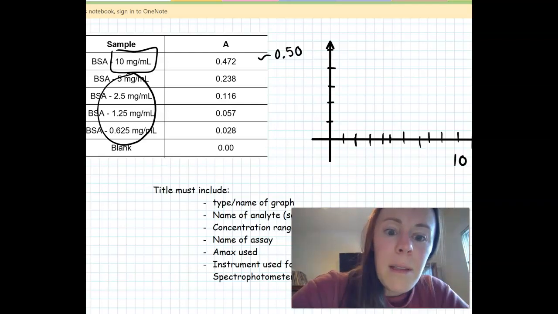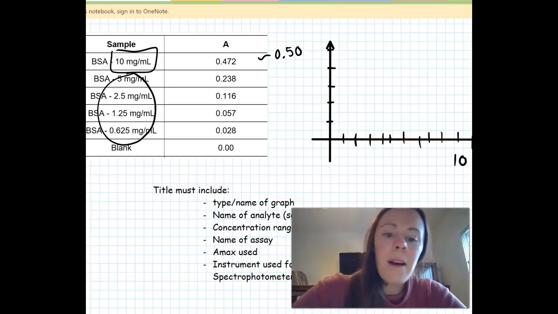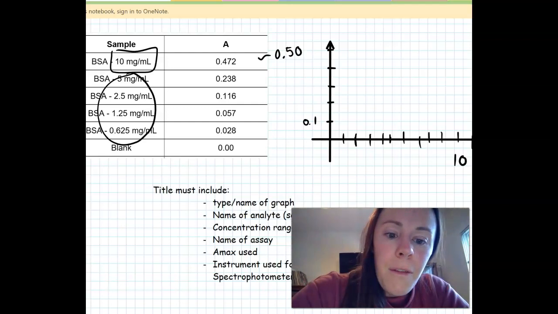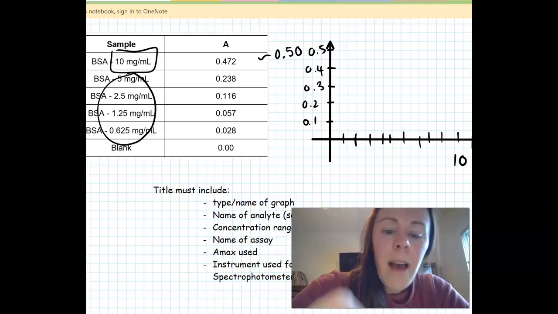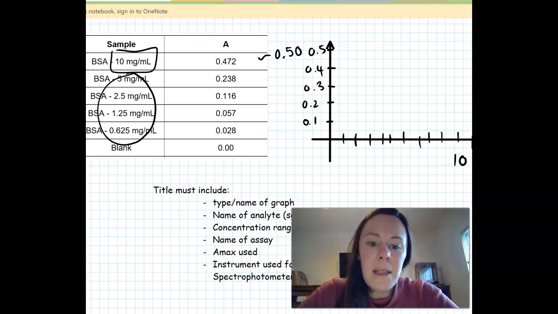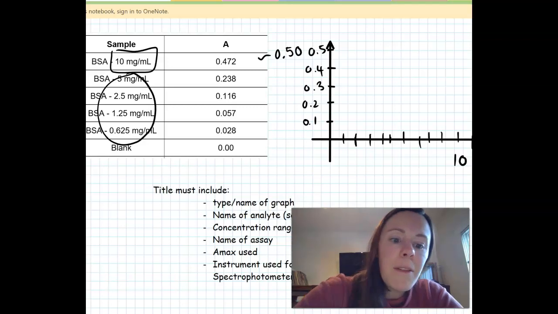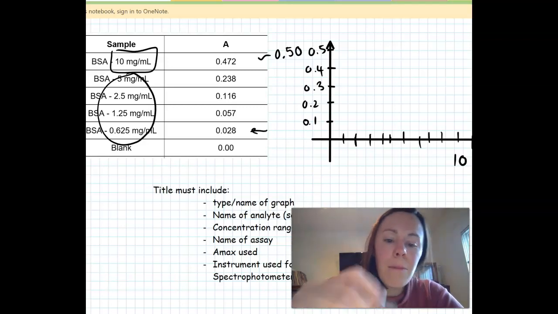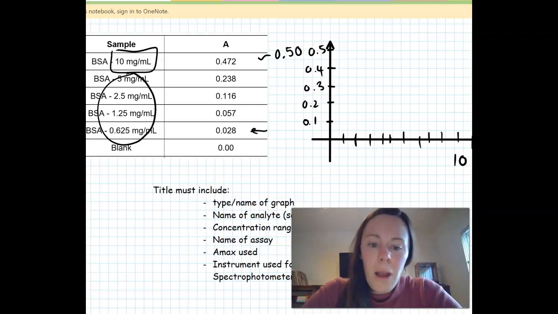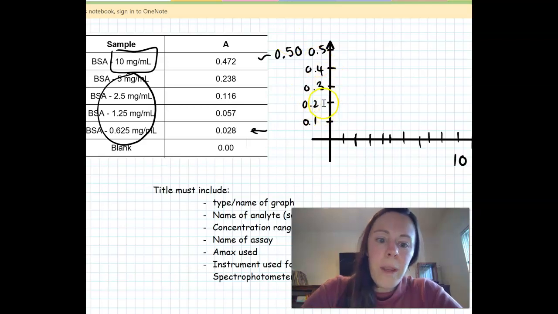It could be 3 boxes, it could be 4 boxes, it could be 5 boxes for every increment that you go up. Okay? As long as you have a nice even scale that's easy to read, then you're going to be able to find these points in between your data points a lot more easily than if you have weird decimal numbers on your scale. Okay?